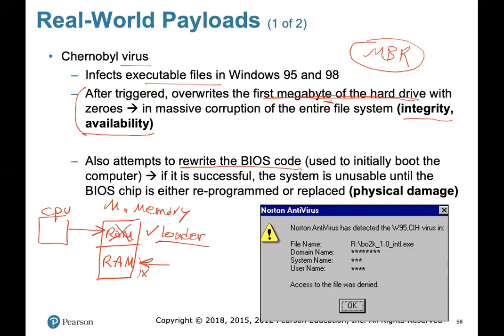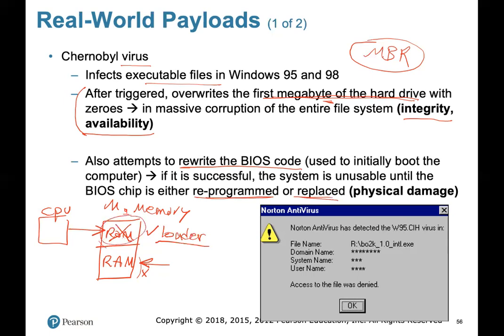And the Chernobyl virus, as one of the other kinds of payloads it had, also tried to rewrite or clear the BIOS. If successful, all the infected computer could do is reprogram or replace the BIOS chip, because this is a separate memory chip on the main board, or motherboard, of your computer.